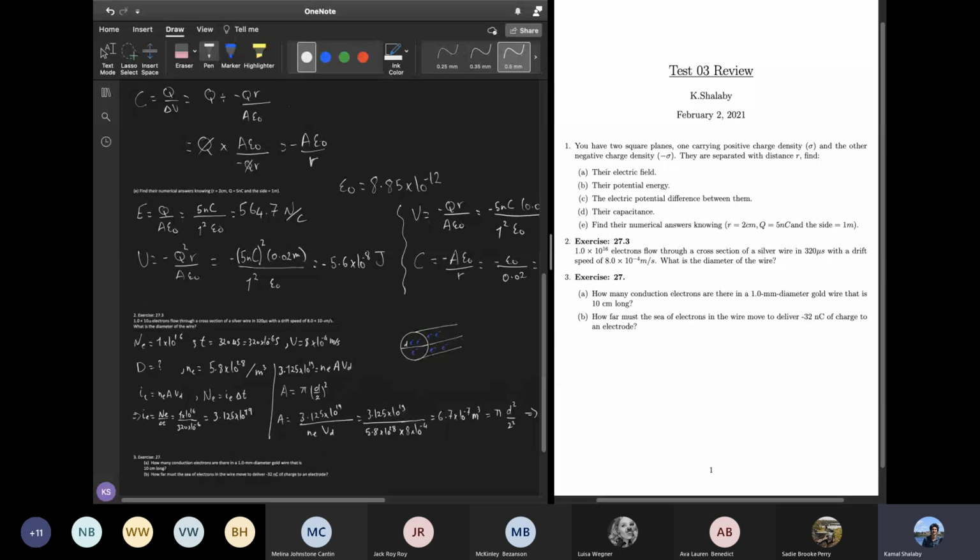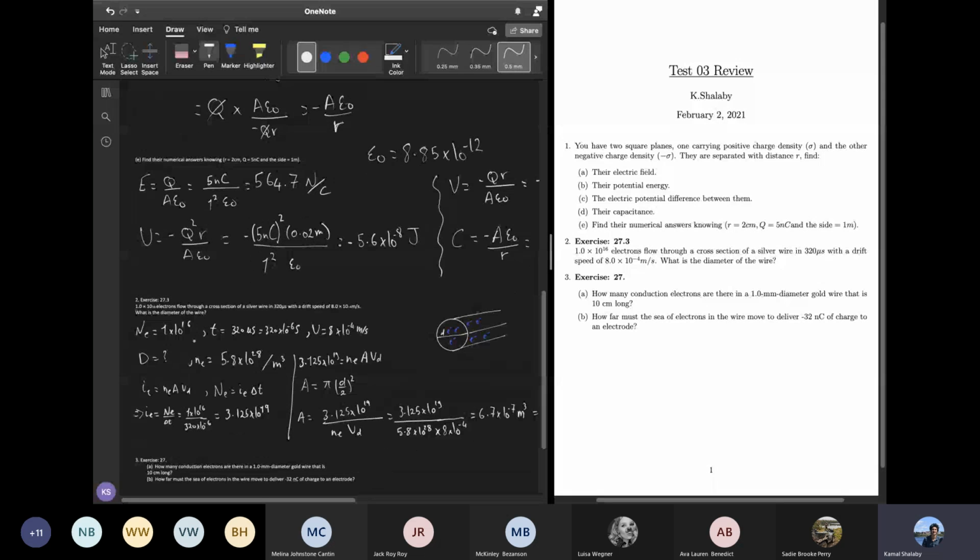If not, you can unmute yourself or just type in the chat which part was not really clear to you.